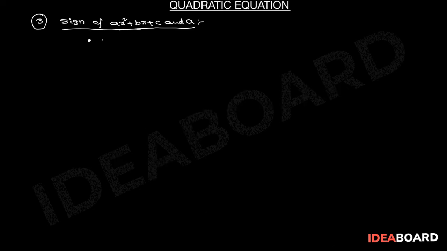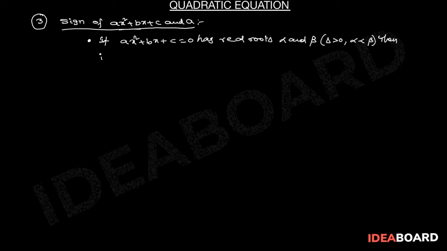Third thing is, if ax square plus bx plus c equal to 0 has real roots alpha and beta, that is delta greater than 0, alpha less than beta, then first one, alpha less than x less than beta, that implies and implied by a and ax square plus bx plus c will have opposite signs.